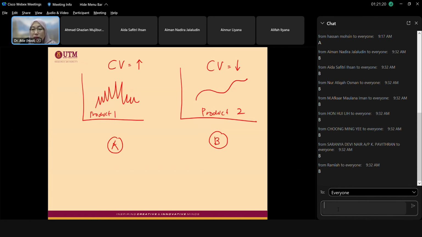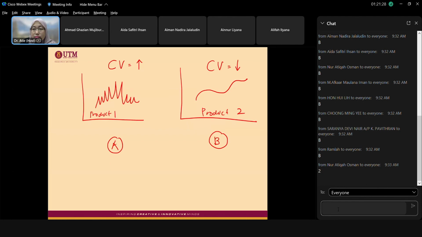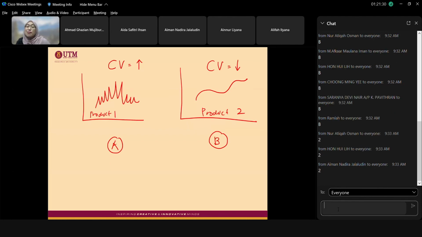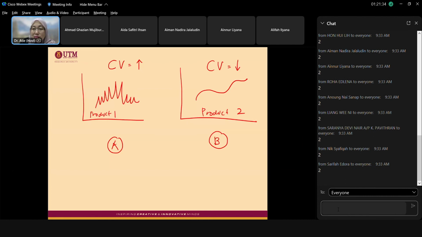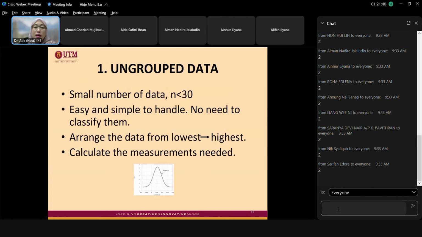Are you going to sell product one or product two? Yes, product 2, certainly, because the risk is more consistent, it's more predictable, right?